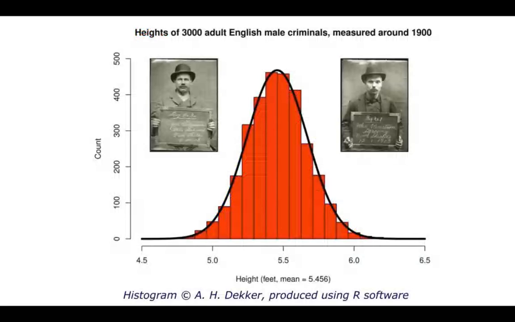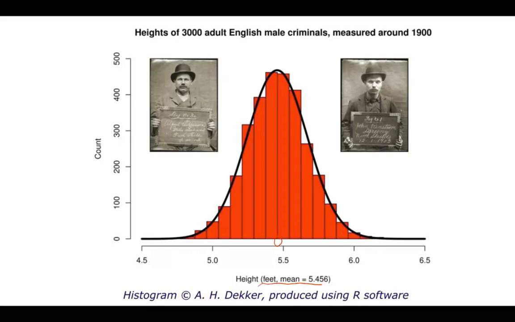So another example here, somebody did a study on the heights of adult English male criminals in the year 1900 or so, and they plotted them, and it turns out they actually fit the normal curve. In the 1900s, the average height for an English male criminal was just under 5.5 feet.